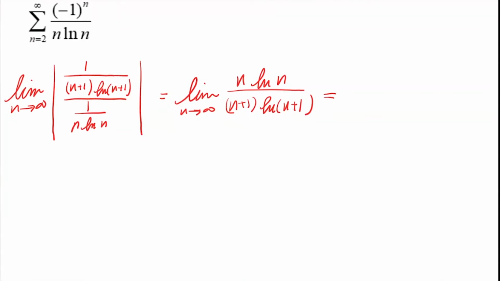So we L'Hospitalize it. Once you do that, I'll do the numerator and you guys do the denominator. It's a product rule, so u prime 1 times v, ln n, plus n times 1 over n. You know what I'm saying? Oh, that's 1. That's nice, isn't it?